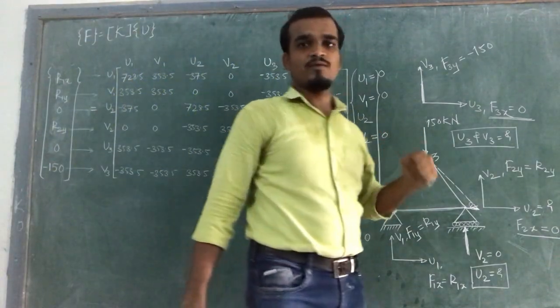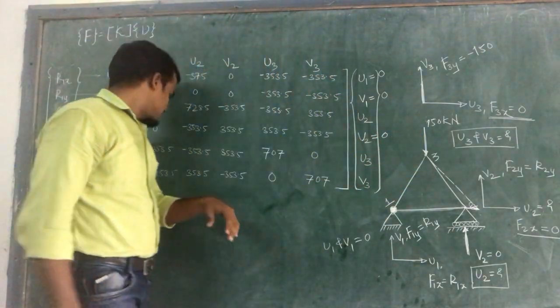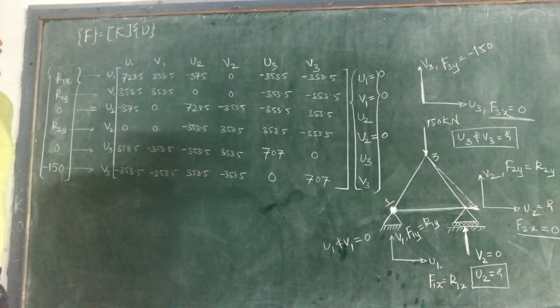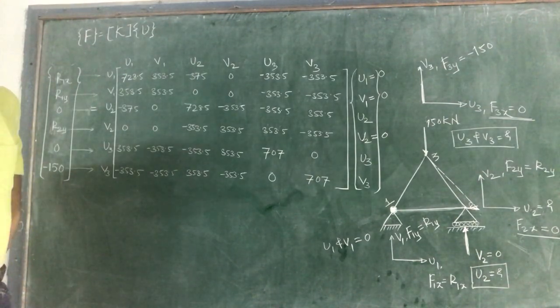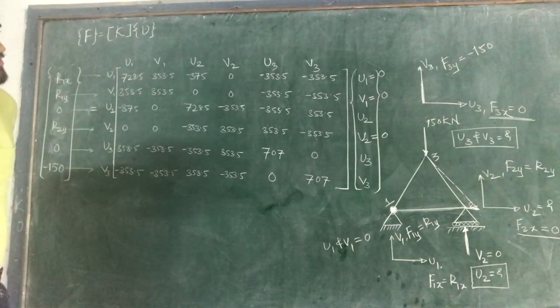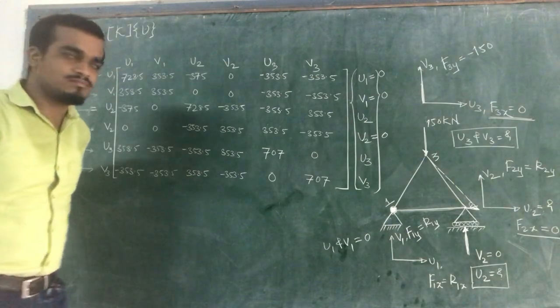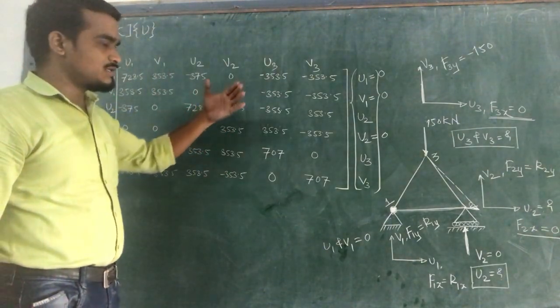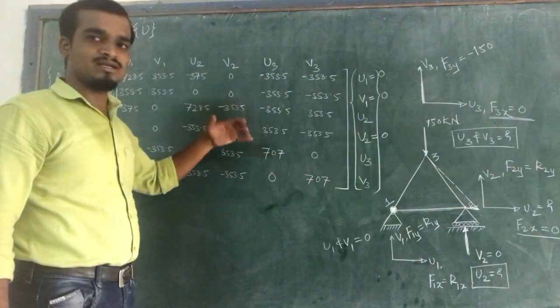Now as we have applied our boundary conditions, the next thing is what? Apply the elimination approach. So as we know which displacement values are 0, eliminate these rows and columns from the global stiffness matrix and find out the displacements by using your remaining equations.